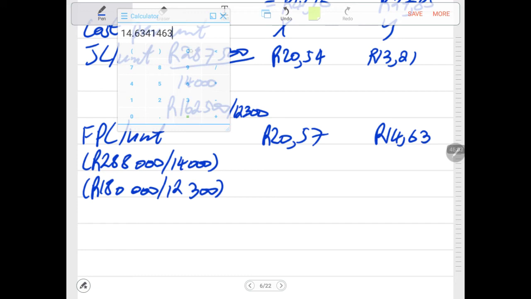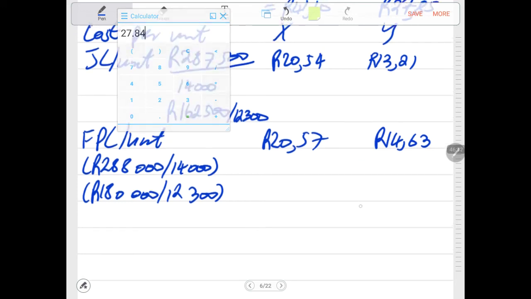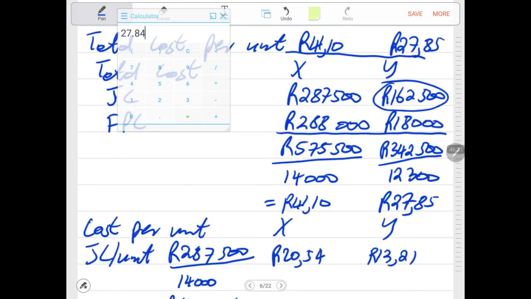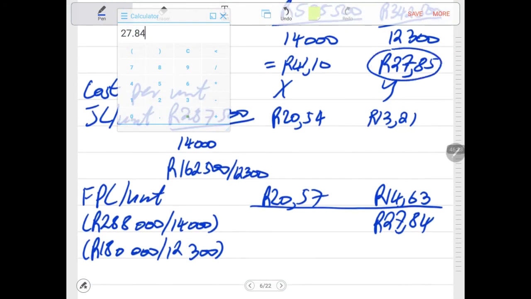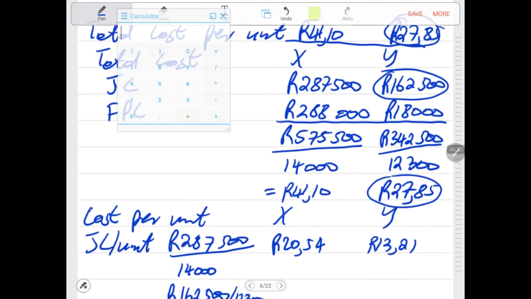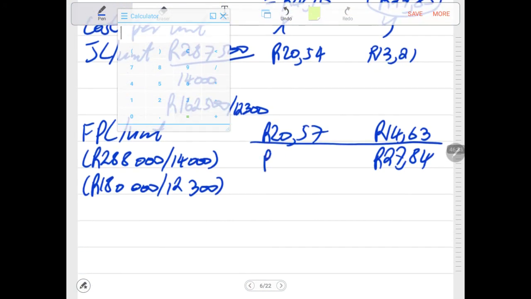So now we say 14.63 plus 13.21, we get 27.84, which is exactly the same as that 27.85 that we calculated previously, a rounding off difference.